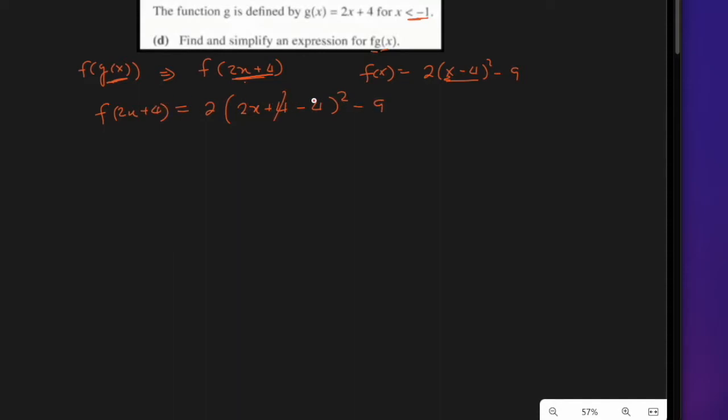Plus 4 and minus 4 cancel out. So we are left with 2(2x) squared minus 9, and this square will apply to 2 and x both, which will be 4x squared, and that's why it is 8x squared minus 9. That is f(g(x)).